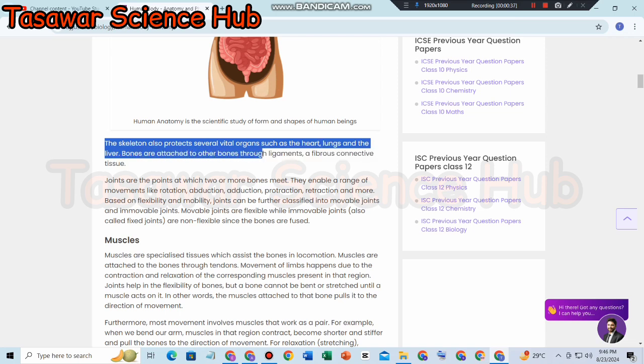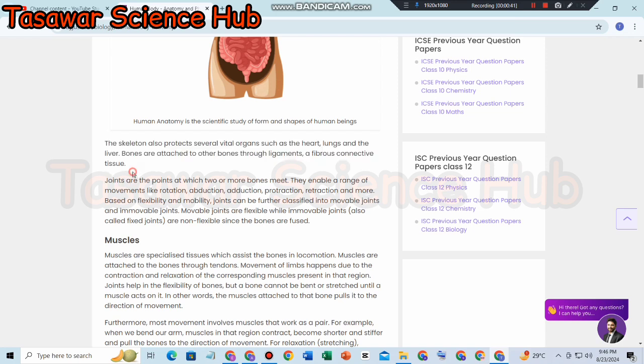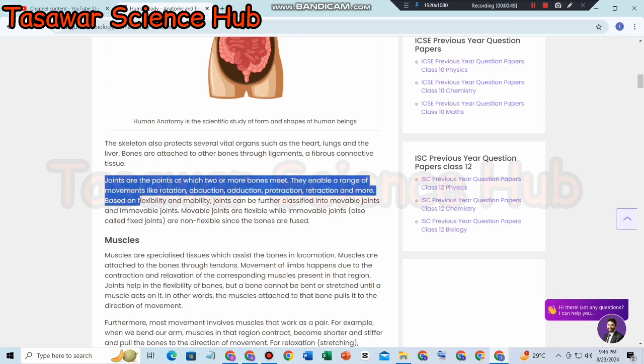Bones are attached to other bones through ligaments or fibrous connective tissues. Joints are the points at which two or more bones meet. They enable a range of movements like rotation, abduction, adduction, protraction, retraction, and more.